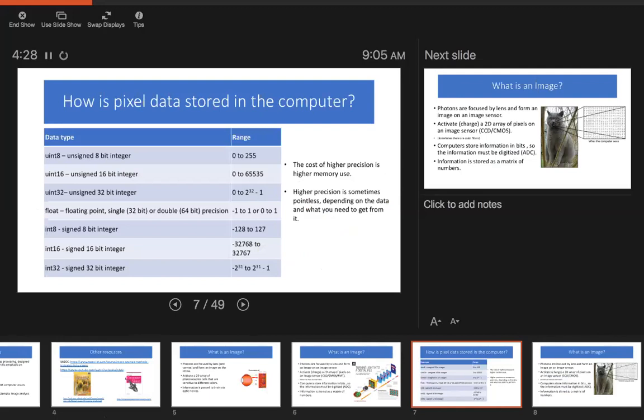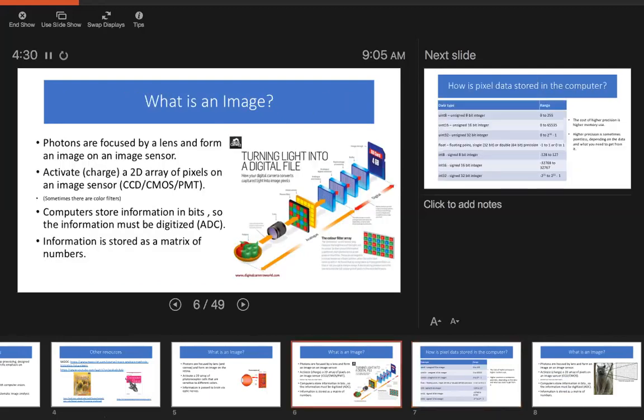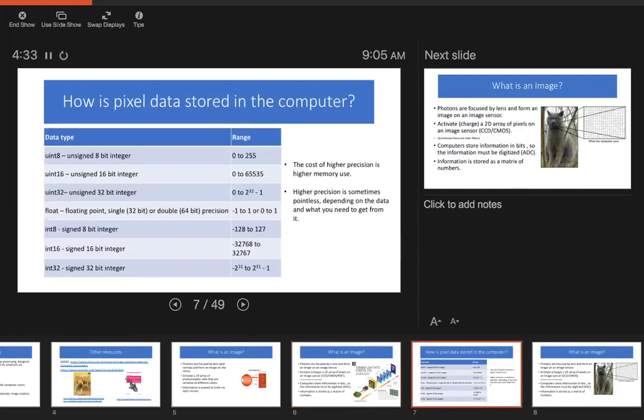So what exactly are each one of these pixels storing? Usually, for the most part, it stores an integer in one of these ranges. And you can imagine that different types of integers would give you different precision in terms of how many levels of light you can differentiate.